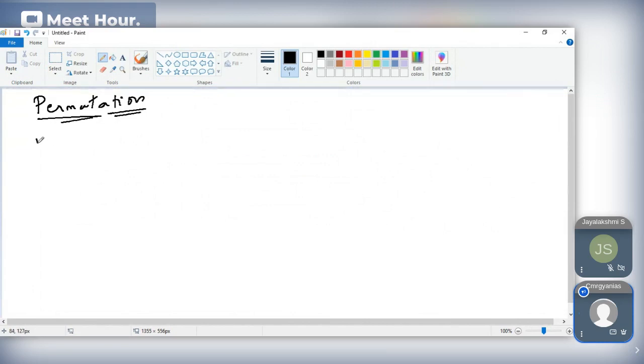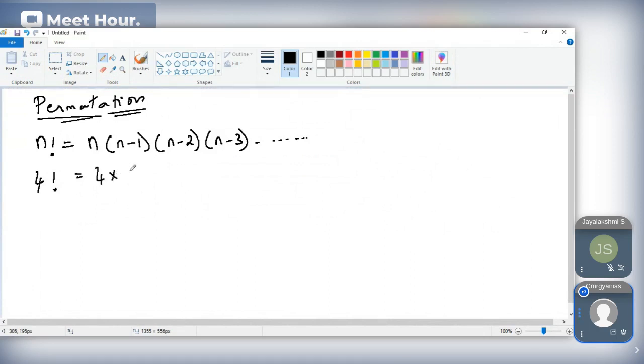Here are some formulas. First, n factorial. n factorial means always n into n minus 1 into n minus 2 into n minus 3, and it goes on. Example: 4 factorial means 4 into 3 into 2 into 1.